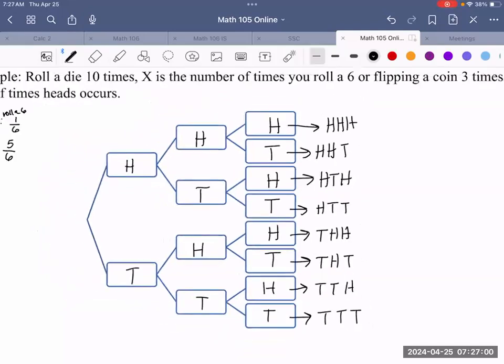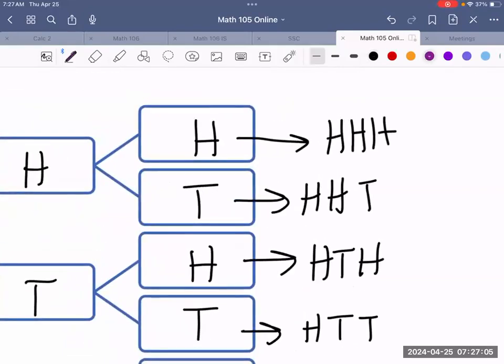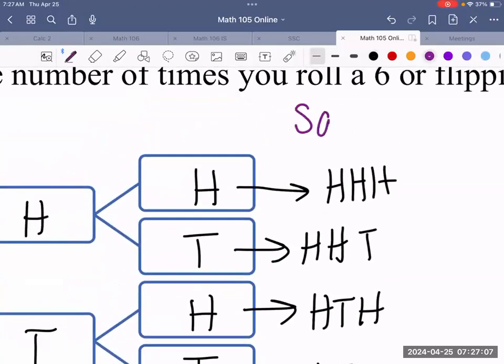Okay, so these are all of your sample spaces. So let's just define that out. So this is your sample space.